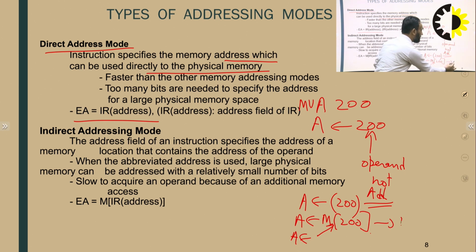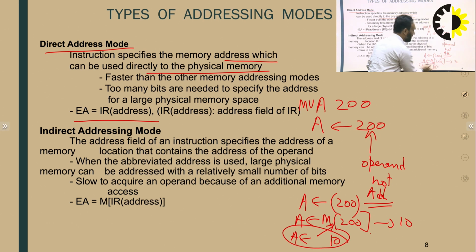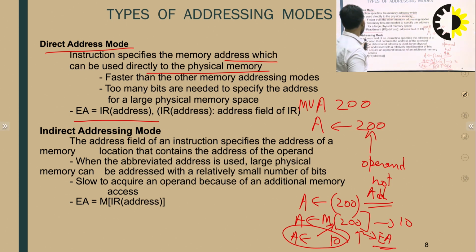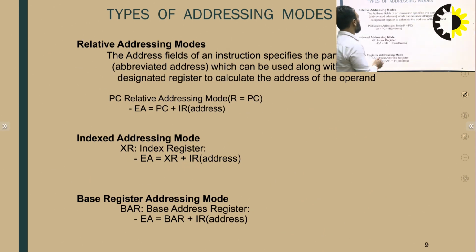For example, it is 10. Then the value stored in the accumulator will be 10, and 200 will be the effective address if we are using indirect addressing mode.